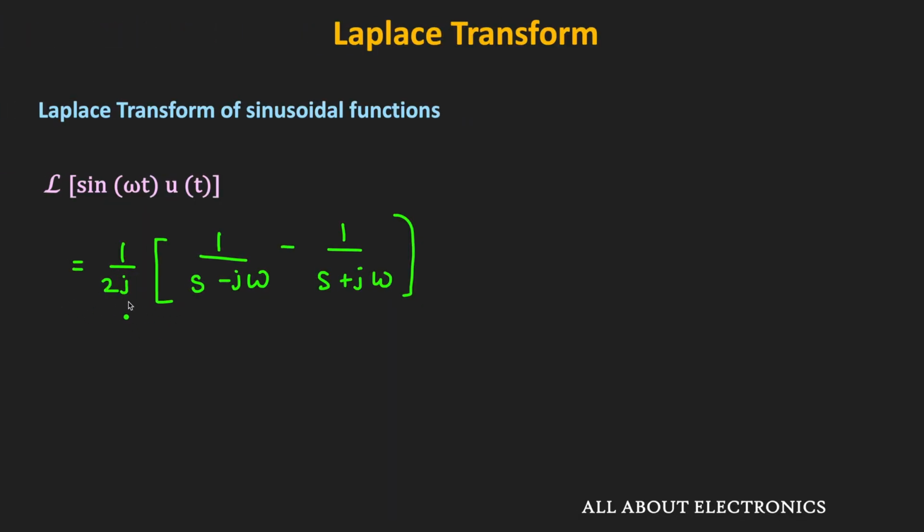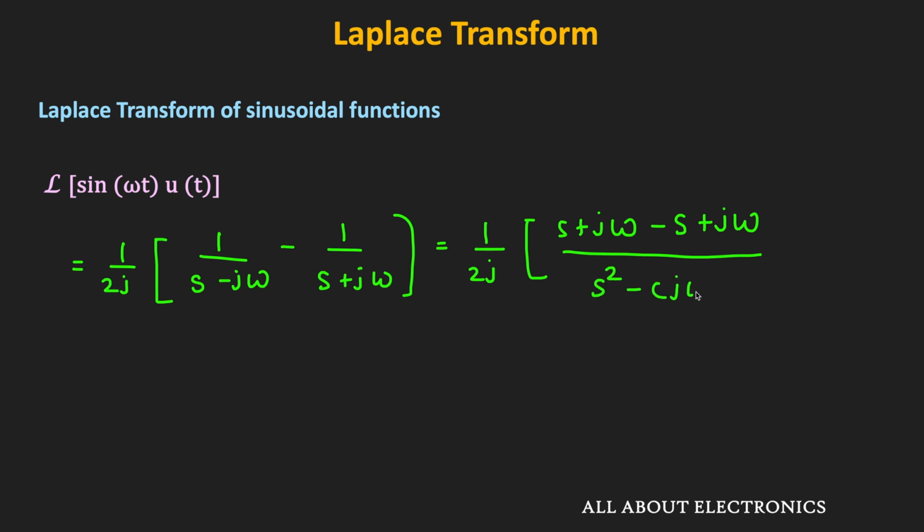That means now we will have 1 divided by 2j times 1 over s minus j omega minus 1 over s plus j omega, or that is equal to 1 divided by 2j times s plus j omega minus s minus j omega, and in the denominator we will have s square minus j omega square. That is the multiplication of these two terms, or that is equal to 1 divided by 2j times 2j omega divided by s square plus omega square, because as you know j square is equal to minus 1.